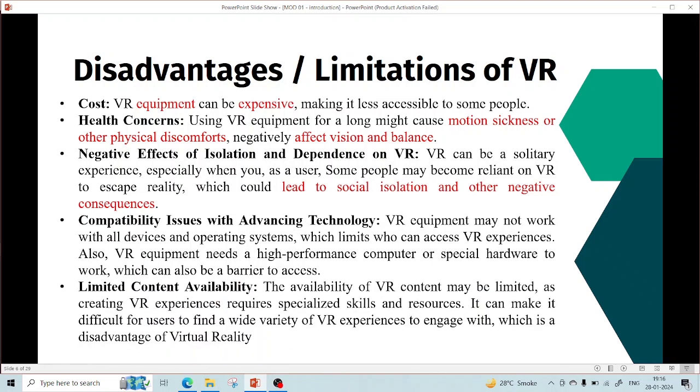And the last one, limited content availability. The development of VR virtual environments or virtual setups is very limited, which makes it difficult for users to find a wide variety of VR experiences to engage with, which is a disadvantage for virtual reality. But over time, nowadays VR is very common, and developments are happening much faster compared to the last decade.